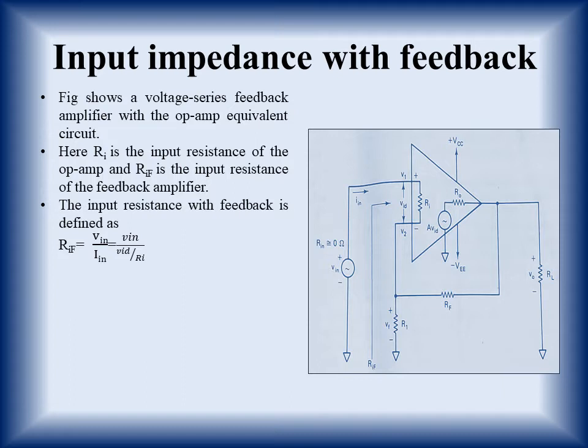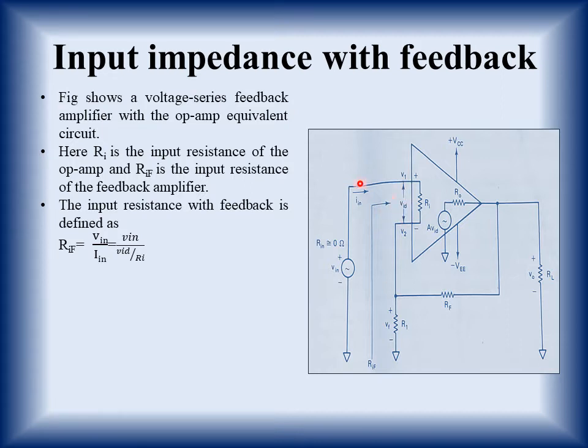RIF is VIN upon IIN, V input upon I input. Now in order to calculate I input, V input we are providing from that input signal, and I input can be calculated by using this part.